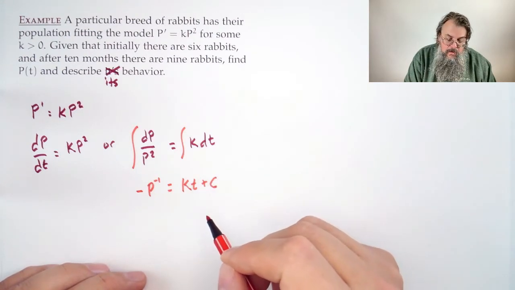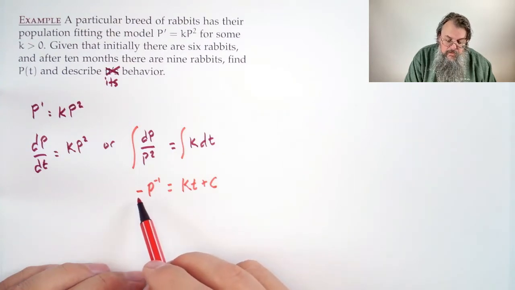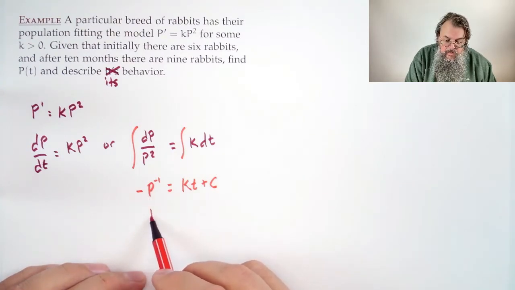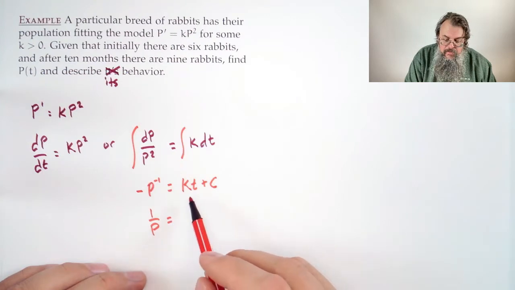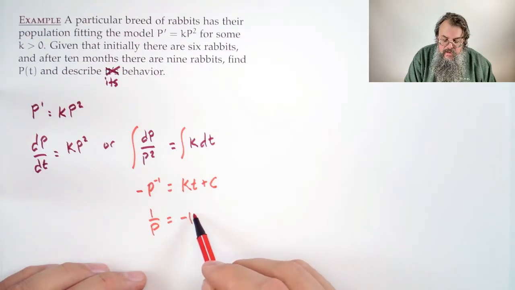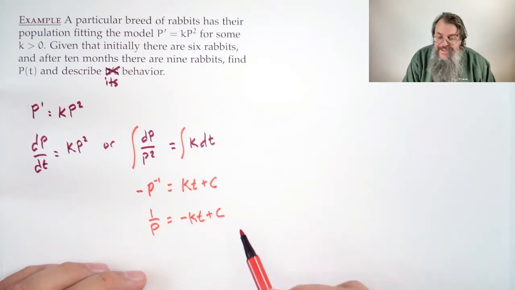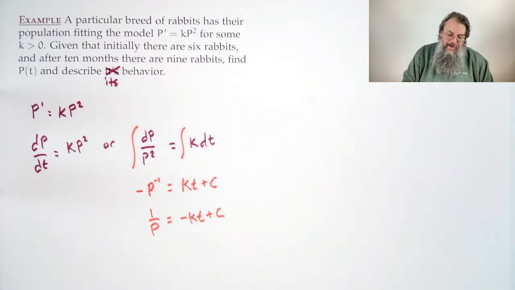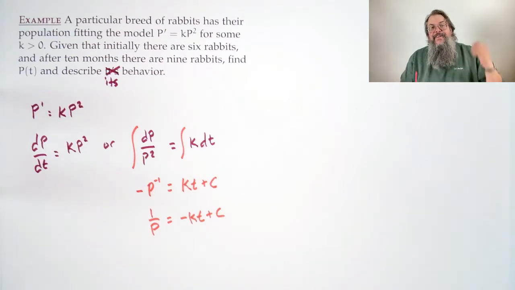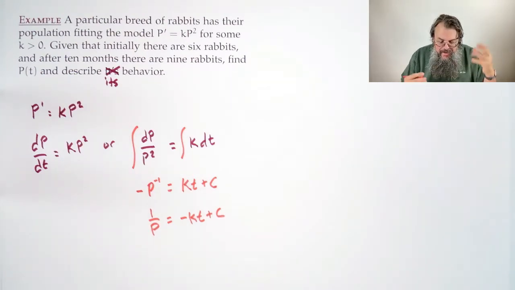All right, well, we can do a few things. We can move the minus across and write this as 1 over p equals minus kt, and then plus c. I know. Wait, what? Shouldn't this be minus c? Well, a minus is a constant, and of course, constants can absorb constants. They're very good at sponging, putting them all together.